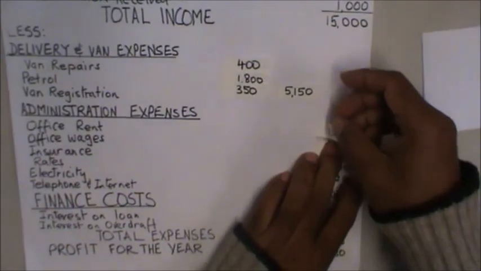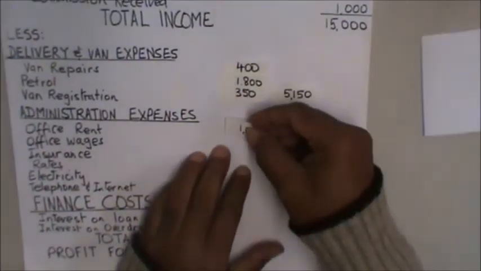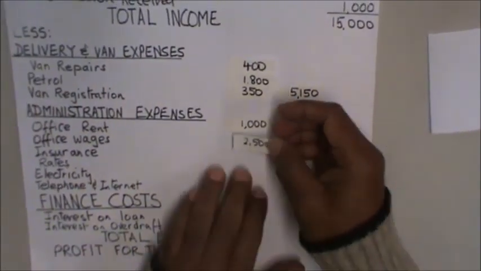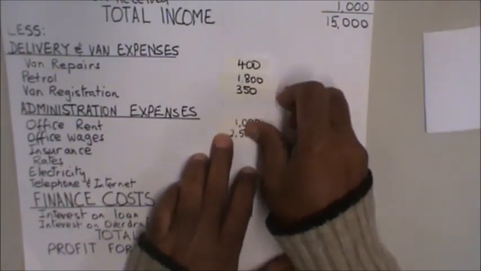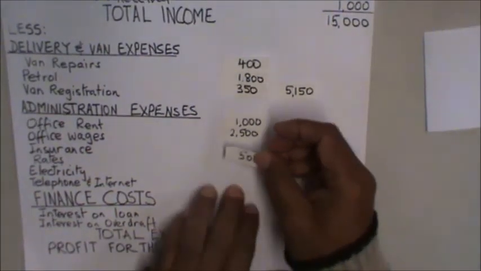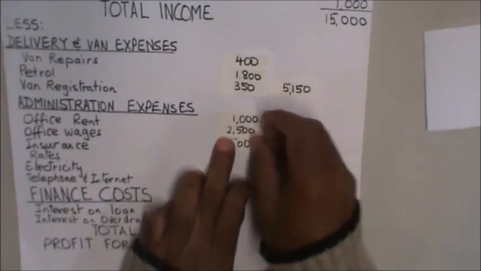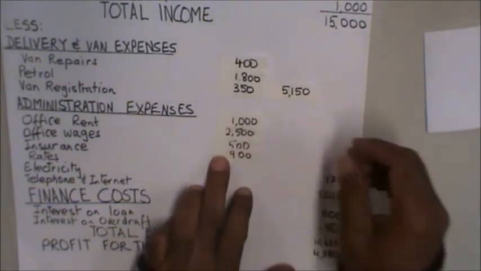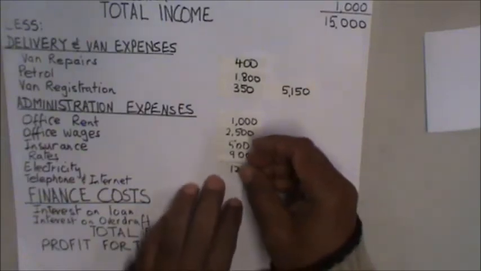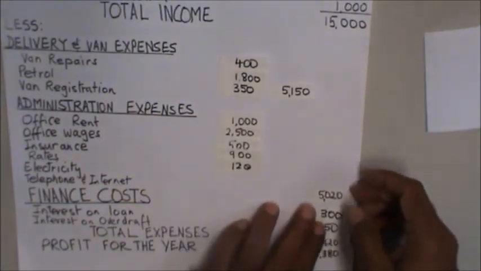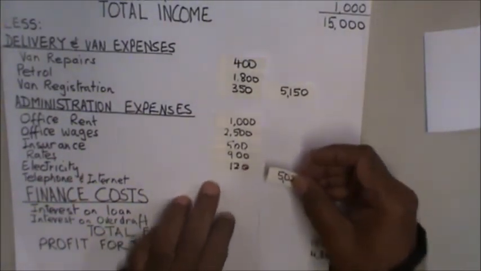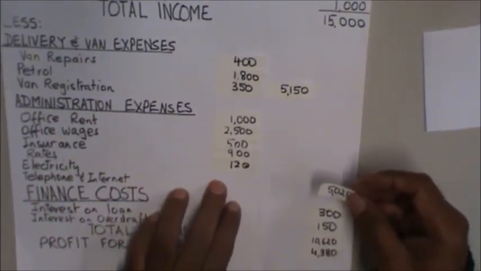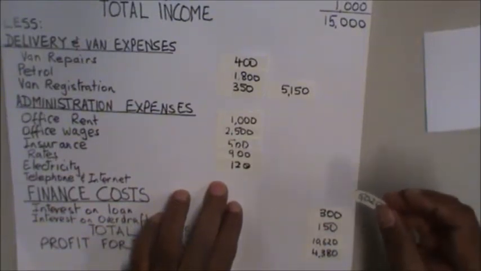Similarly, administration expenses, office rent is $1,000. Office wages is $2,500. Insurance is $500. Rates is $900. Electricity is $120. And telephone and internet, there's a figure missing there, so we'll just ignore it for the time being.